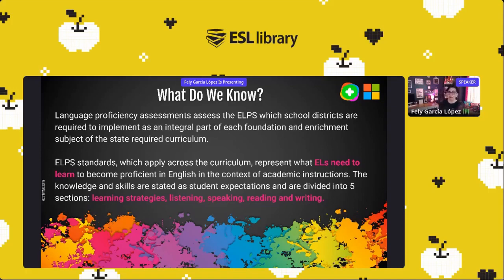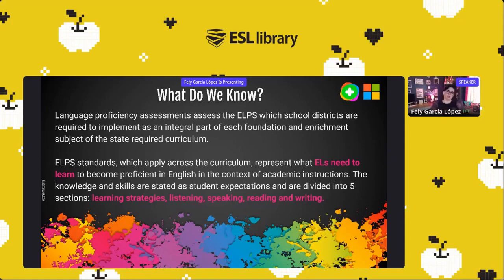Now, when we talk about ELL standards, like English language acquisition, we talk about the representation, or the needs that our students need to have in class, the way that we are going to differentiate class. So the knowledge and skills are stated as students' expectations divided into 5 sections. And I've been talking about this since the beginning of our presentation, our language domains. I talk about writing, reading, speaking, and listening. And of course, the 5th one that we should never forget about is our learning strategies.